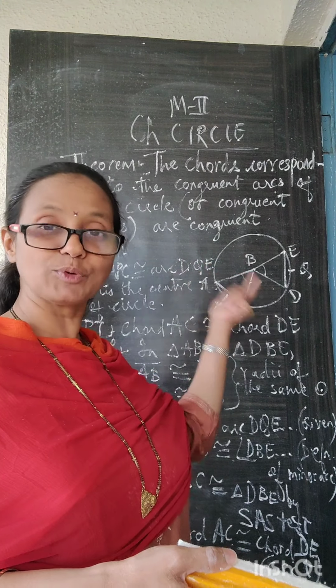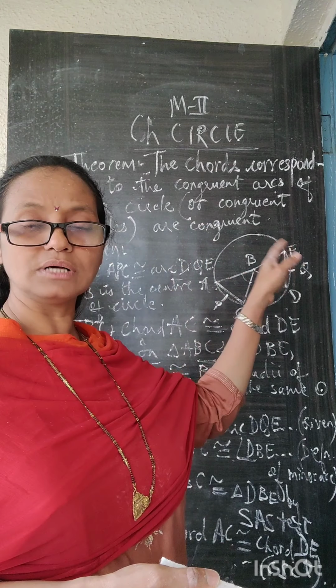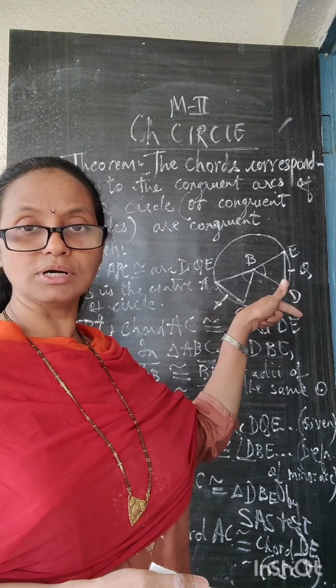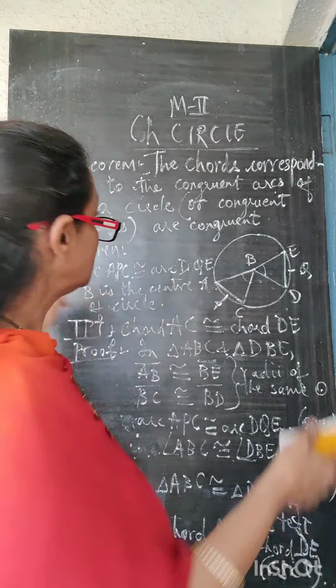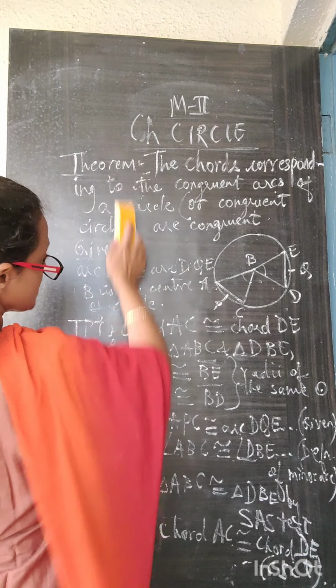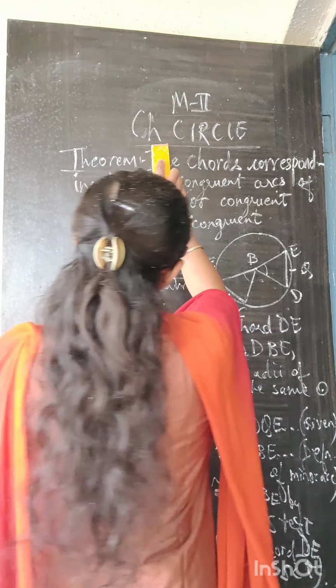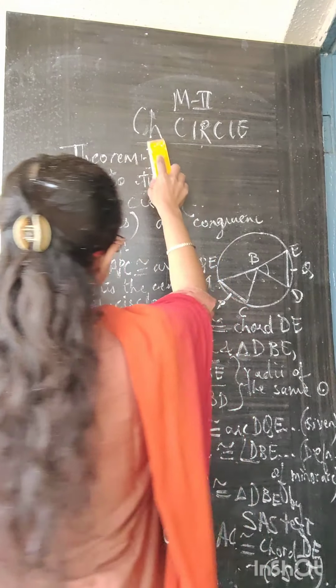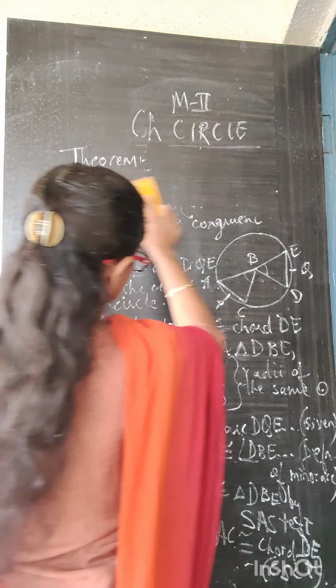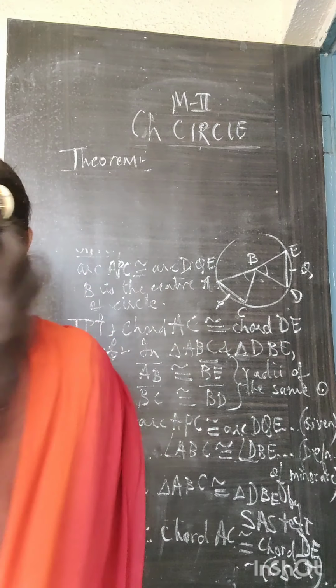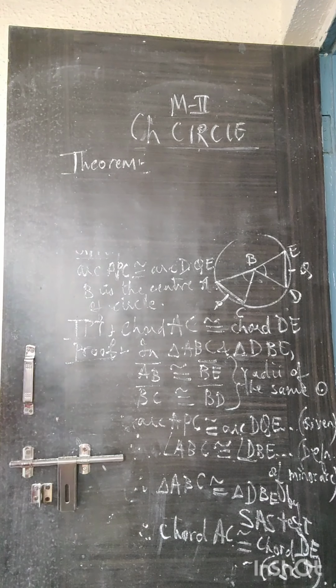Not congruent arcs, I have to prove them congruent. So the arcs corresponding to the congruent chords of the same circle are congruent. So that we will write down. So I'll rub this. Yes. So the next theorem will be the arcs corresponding to the congruent chords.